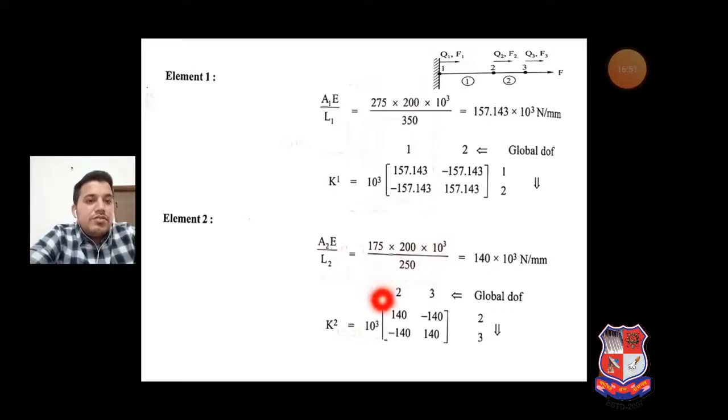Element number 2 goes from node 2 to 3, so the positions are 22, 23, 32 and 33. We will put these values into the final global stiffness matrix in the next step.